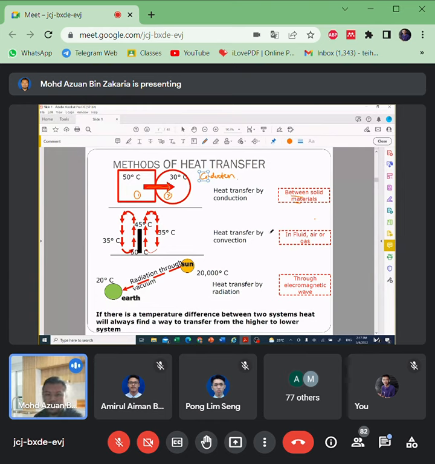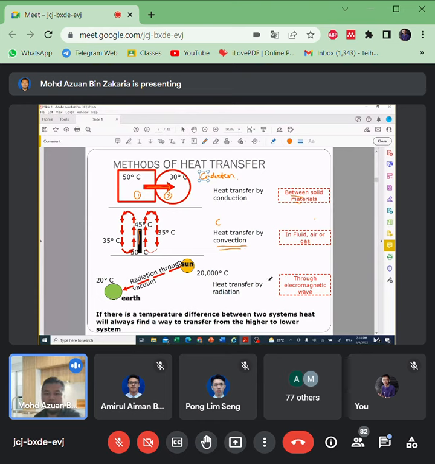Meanwhile, in a fluid, air or gas, we call it convection. So if there is one hot plate, 50 to 45 degrees Celsius, what happens if there is air near the plate? It will make the air hotter, just adjacent to the plate.